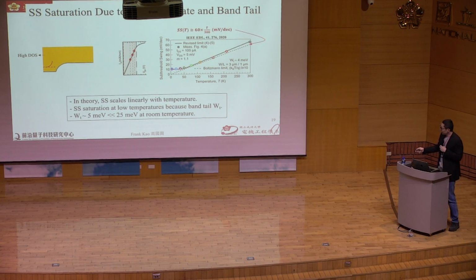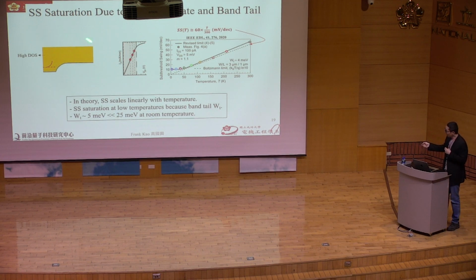The reason is that, on the right-hand side, I show you a band diagram from source to channel, and the black line indicates the conduction band of the MOSFET, and you have a high density of states in the conduction band, and no density of states within the band gap.